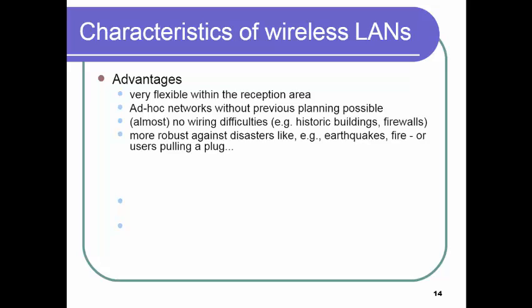So without disturbing the historical buildings and without disturbing the configurations, simply hooking up the access points is sufficient to provide wireless service. It's more robust against disasters like, for example, earthquake, fire, or the user pulling a plug.